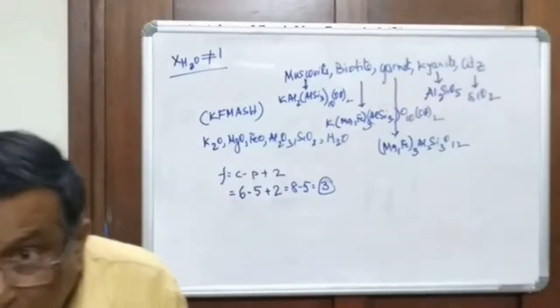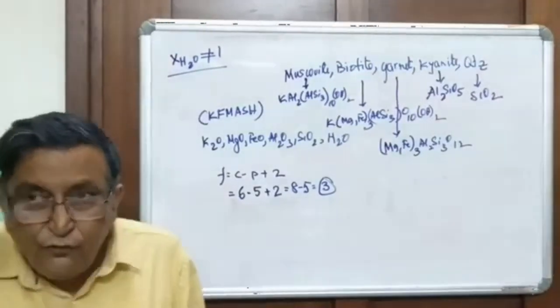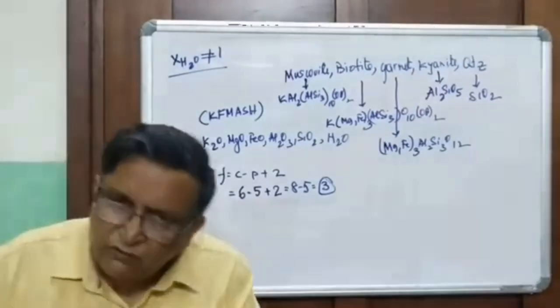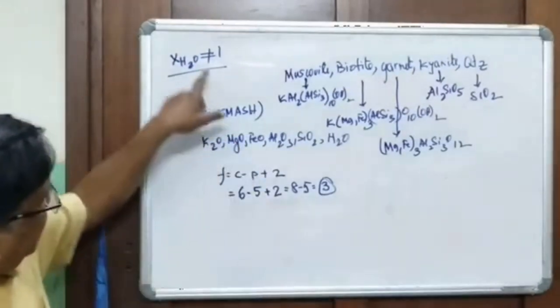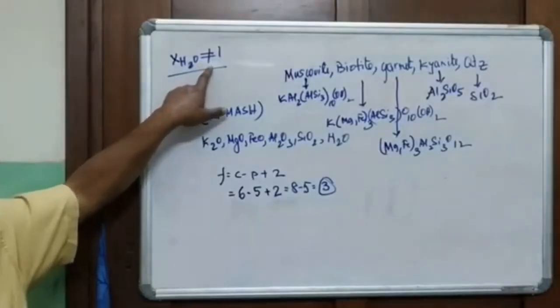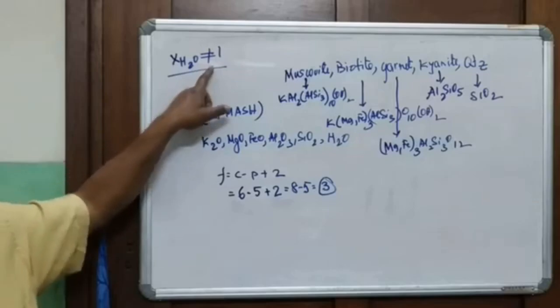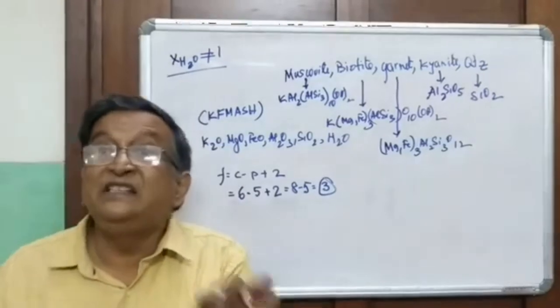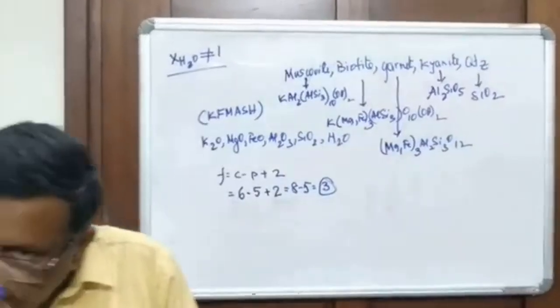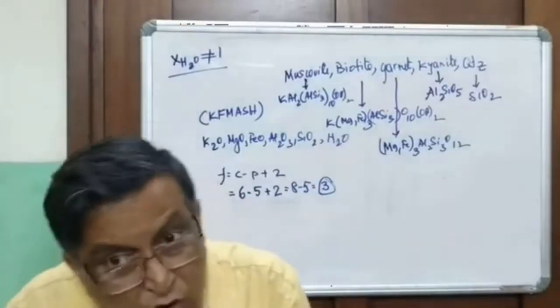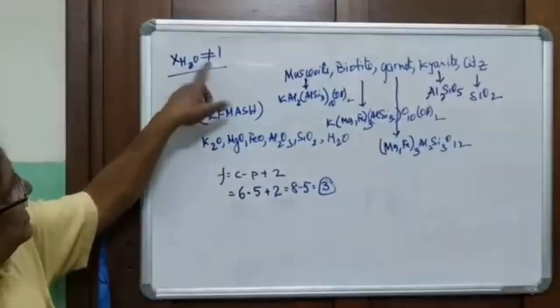Fluid as a phase. Now, very important. Fluid as a phase. Then what would it mean? XH2O is equal to 1. Have you understood? That's an important equation. XH2O equal to 1 is an equation you have put in the data. But if the fluid is not a phase, then XH2O is less than 1.